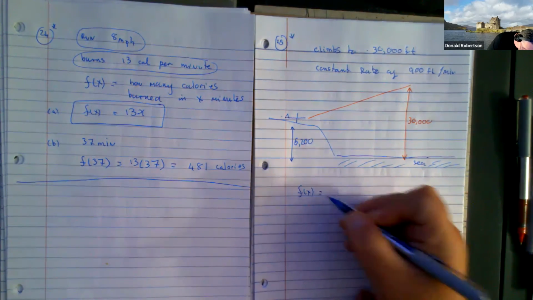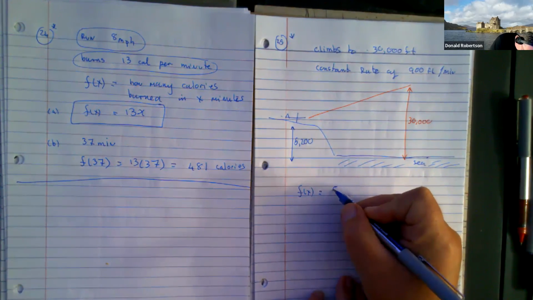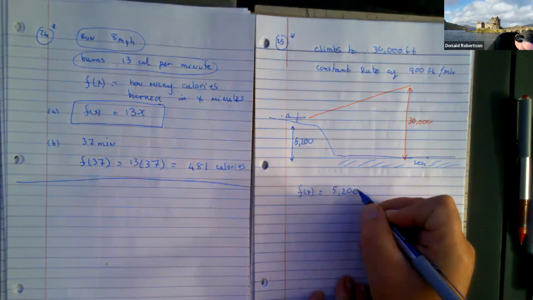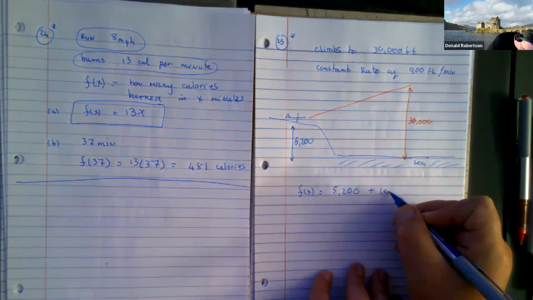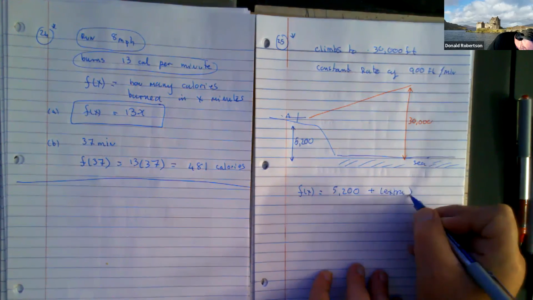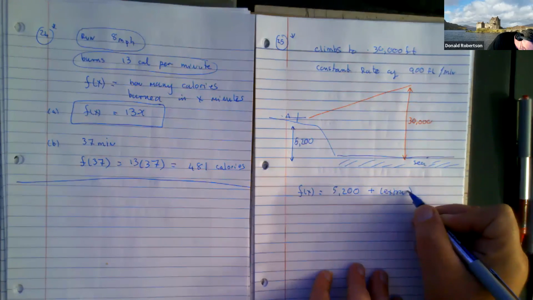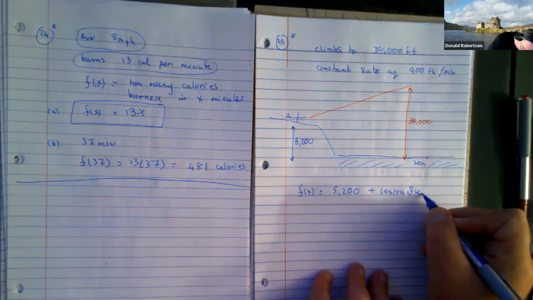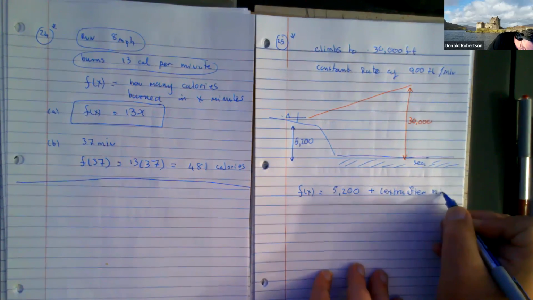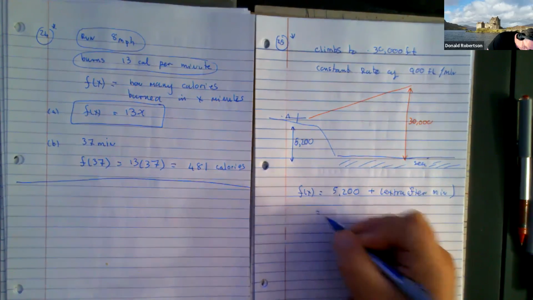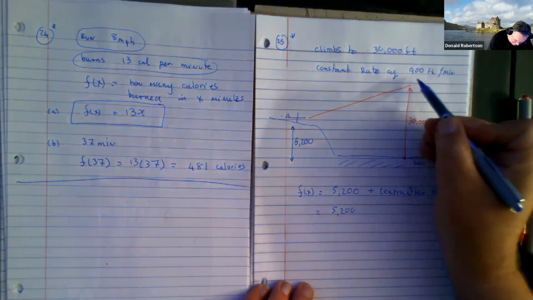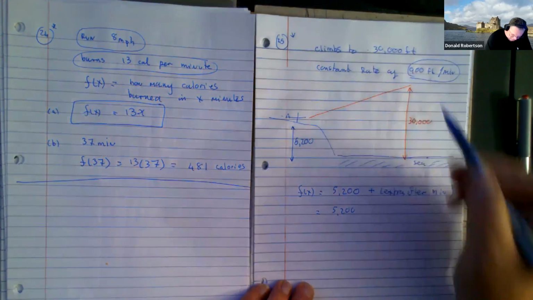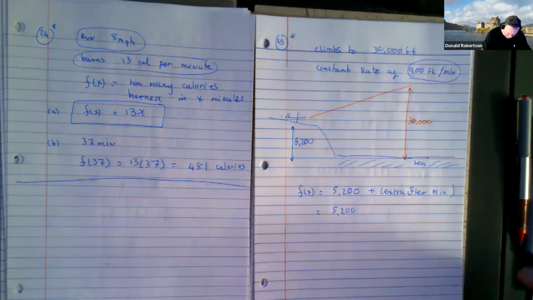Well, if I'm going to find the height of the plane, it's going to be starting at 5,200 plus whatever the extra is after, let's call it x minutes. Well, it starts at 5,200. That's the guy that's going to tell me every minute it's another 900.